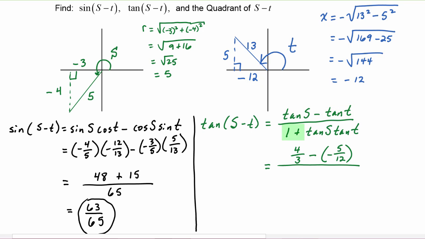In the denominator, we have 1 plus the tangent of S, which we know is 4/3, times the tangent of T, negative 5/12.